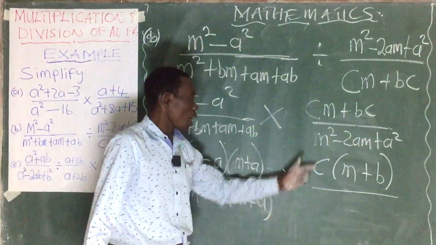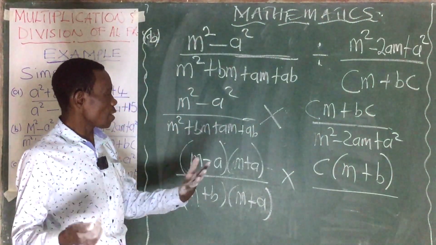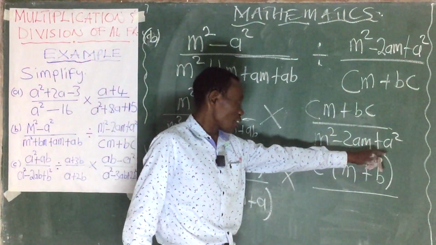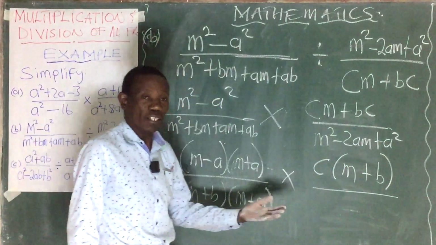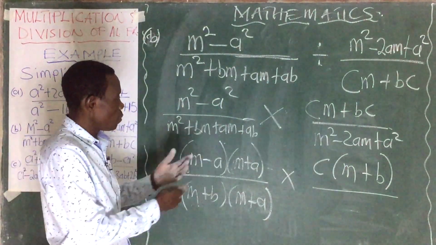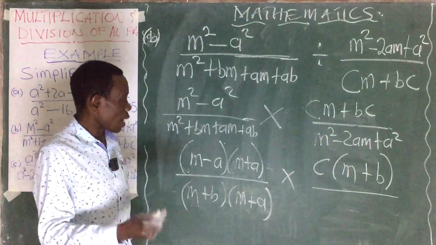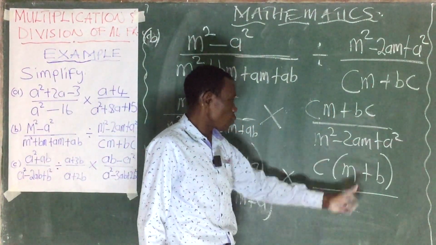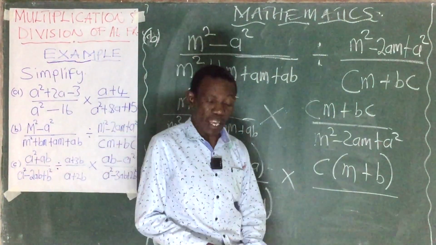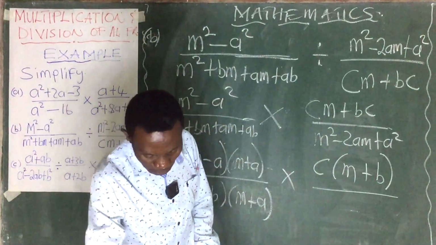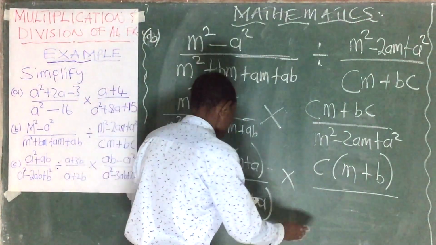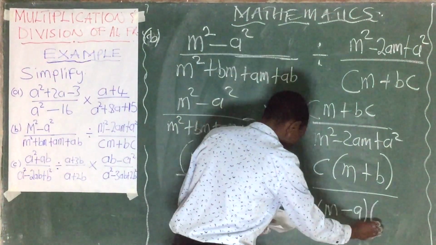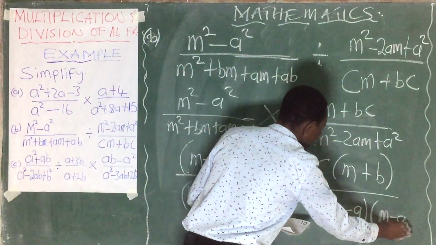Coming to the denominator of this fraction, the same grouping method, only that we don't have enough space here. I would have explained that, but now I know you are conversant on how to factorize. Why should we be doing the same again and again? So if you factorize this expression, m squared minus 2am plus a squared, you are going to obtain factors such as m minus a and m minus a.